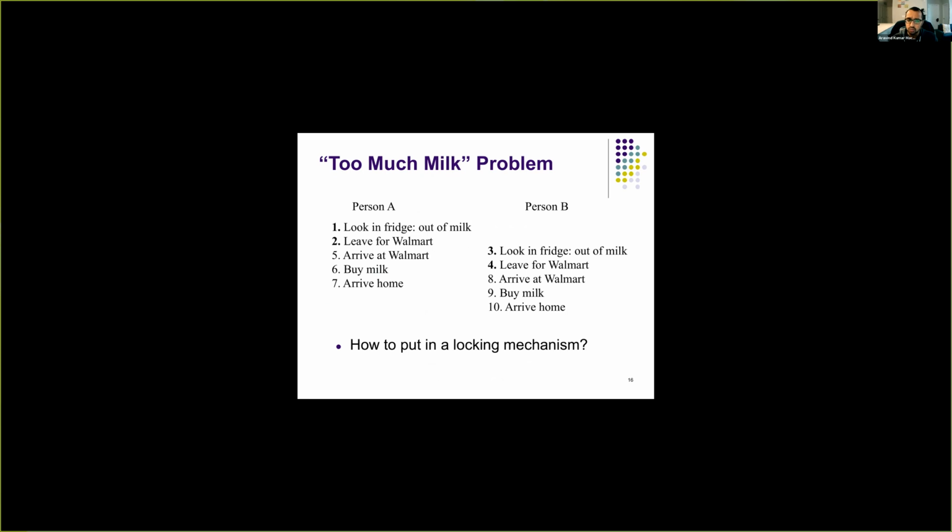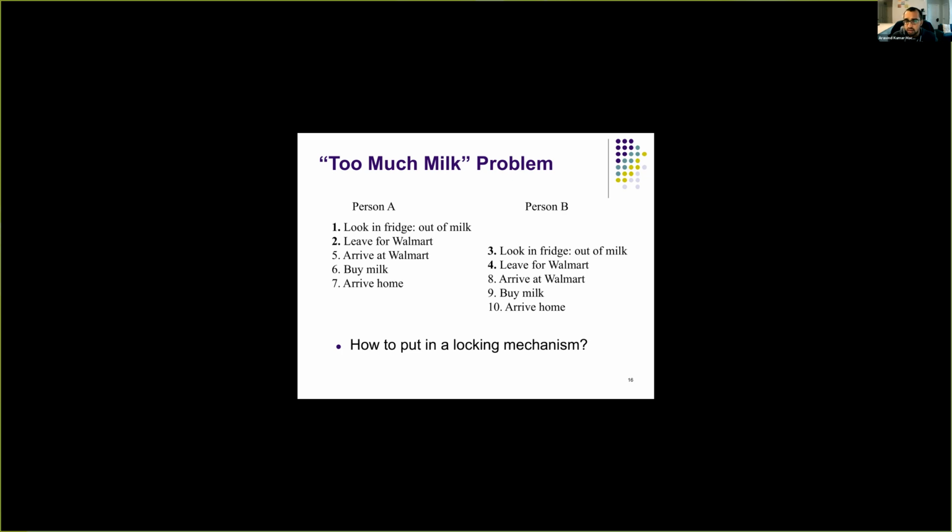Person A leaves for Walmart. Then, while person A is away, person B comes home, opens the fridge and figures out that there is no milk, and she also leaves for Walmart. When they come back later, they have more milk than what is needed.